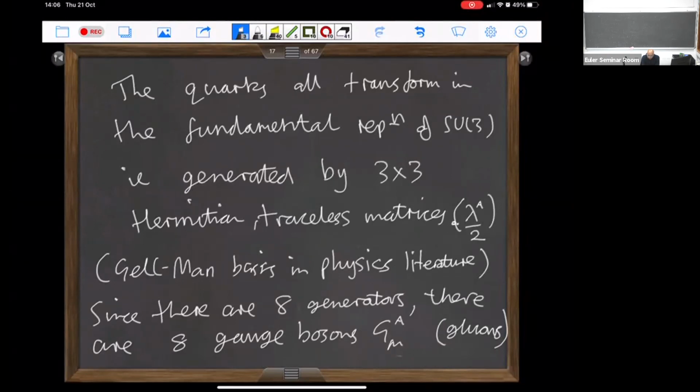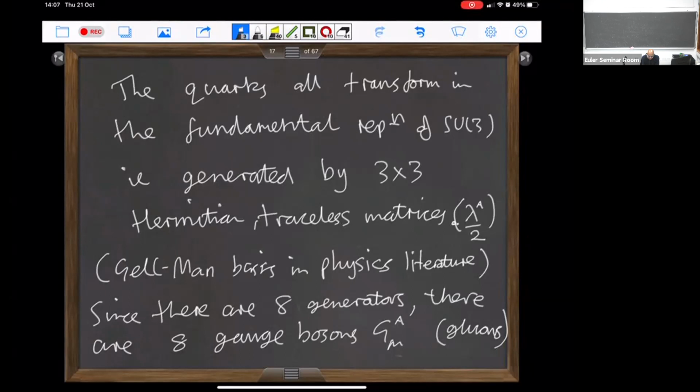So, yeah, the quarks transform in the fundamental representation of SU3, and that is generated by 3x3 Hermitian traceless matrices. The space of such matrices is 8-dimensional: 3 times 3 for the Hermitian matrices, minus 1 for the tracelessness condition.